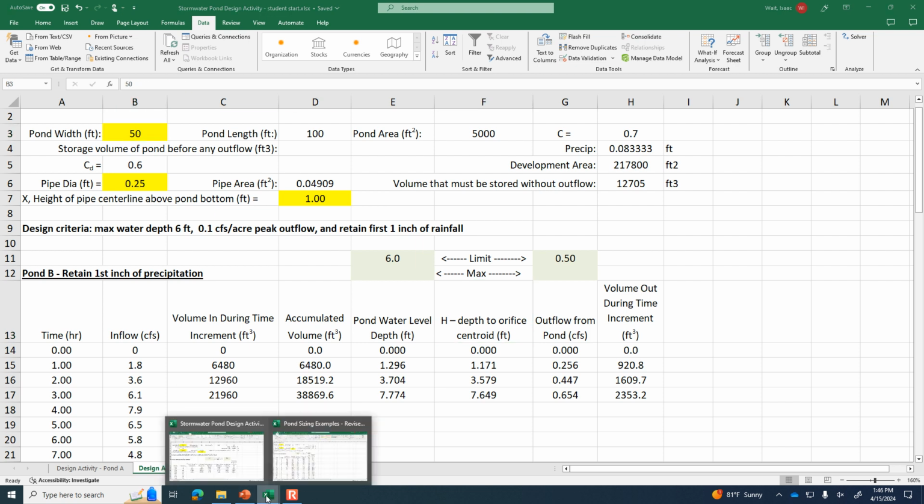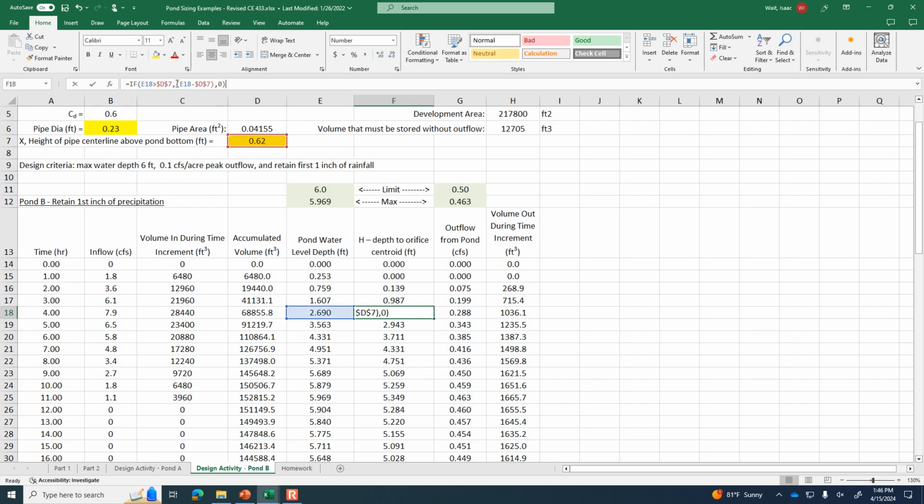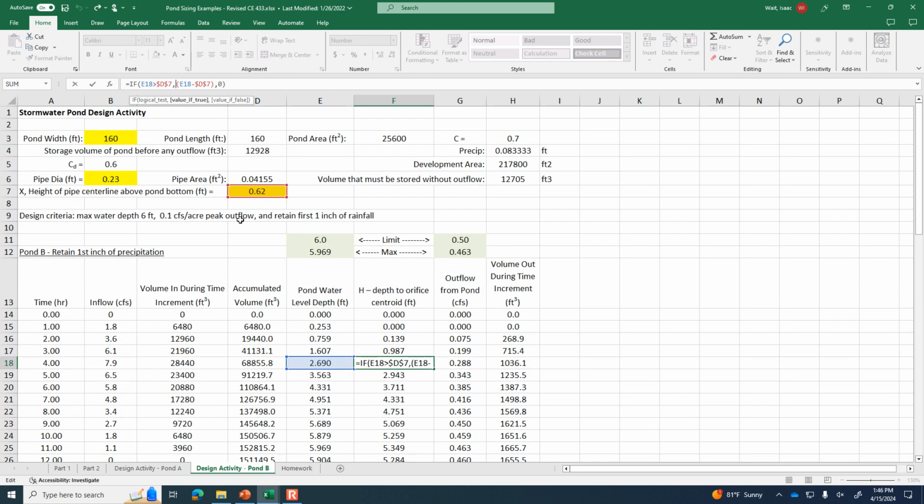So what I did when I was solving this in the past was I set up an if statement that was like: if the water depth is greater than the height of the center line above the pond bottom, then the depth of the centroid is just the water depth minus half the pipe diameter.